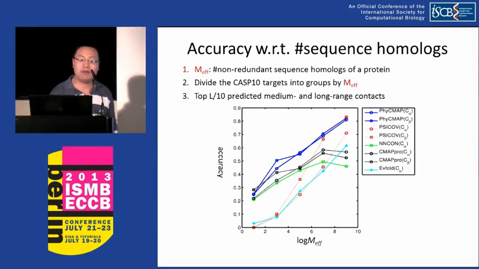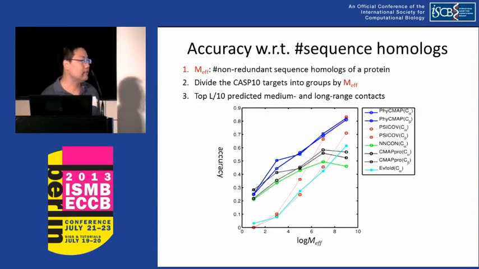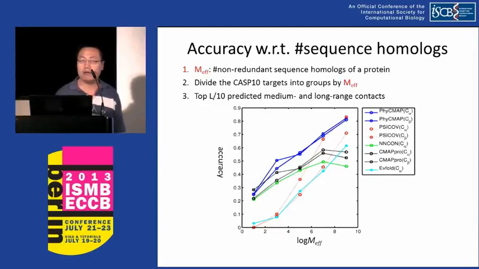when we have lots of sequence homologs, like over 100 non-redundant sequence homologs, we can achieve pretty good accuracy. PSICOV also performs very well when we have a lot of sequence homologs. However, when the number of sequence homologs is smaller than 100, the residue co-evolution-based methods don't perform very well, usually performing worse than the machine learning methods.